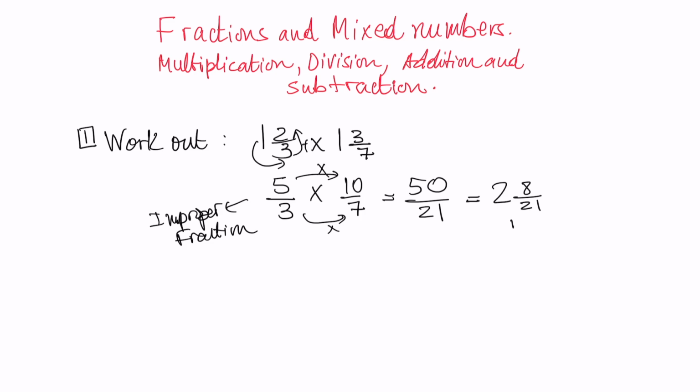Your answer is now a mixed number: 2 and 8/21. So this is the correct way to multiply mixed numbers. If you do 1 times 1 equals 1 and then 2/3 multiplied by 3/7, that gives 6/21, which is wrong.